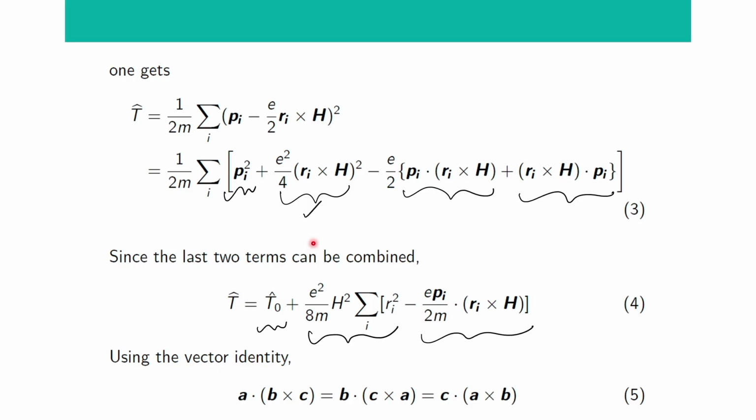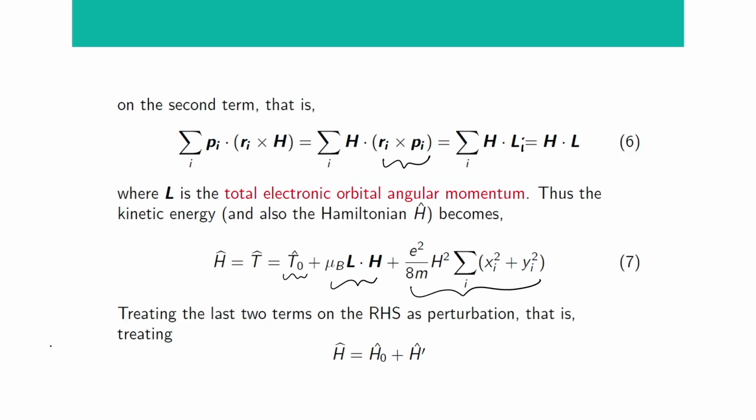Now, the whole idea is that you will use a perturbation theory with this as the perturbation term, and in order to do that we have to necessarily use a second order perturbation theory, because we have a term which is quadratic in H, and there is a term which is linear in H. So, if you have to treat both these terms together, then there is no other way but to go into the second order, and we will do exactly that, and write this as H0 and then H prime.